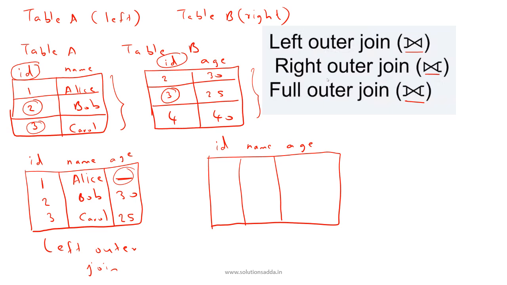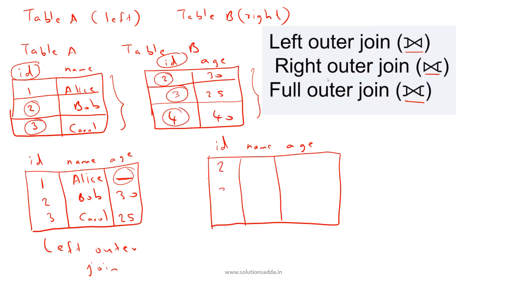Now let's see. If you are performing right outer join, we'll try to match it with ID. In the right side of the table, 2 is present. Similarly, 3 is present. So 2 and 3 will definitely be there. Since we are performing right outer join, it will return all the rows of the right table. So 4 will also be returned.